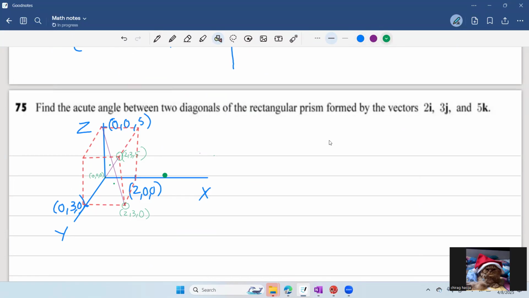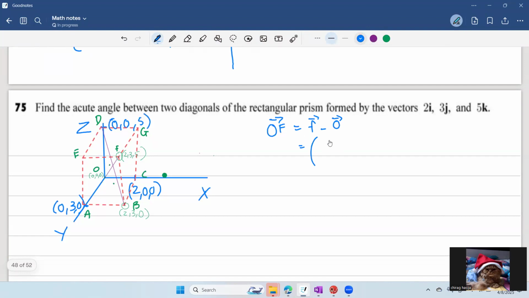So let's label that as the origin O. Then this one will be A, B, C. And the other ones will be D, E, F, and this one will be G. So from these, the first diagonal that I will be taking will be O to F. So the vector OF will be F bar minus O bar.